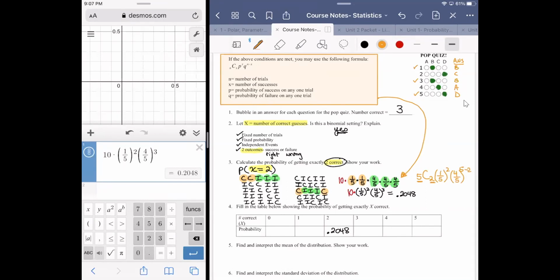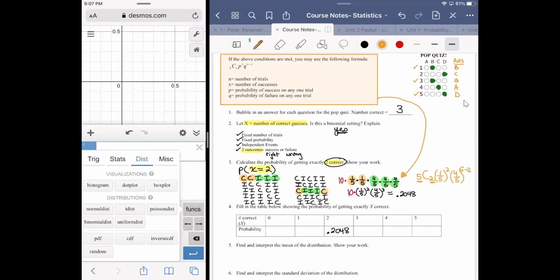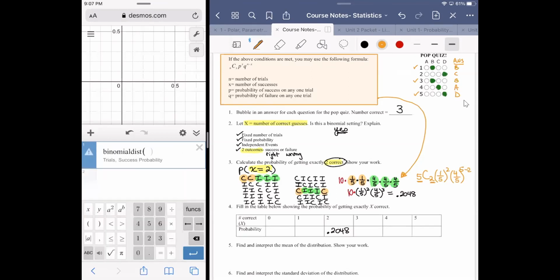So you could do it that way, but if you go into functions under distributions, you'll see that there's a function for binomial distribution. Okay? So if you type in trials, 5 trials, success probability, right? So success probability is 1 in 5. All right, that would be the distribution itself.